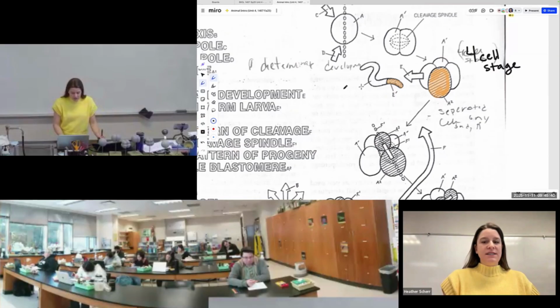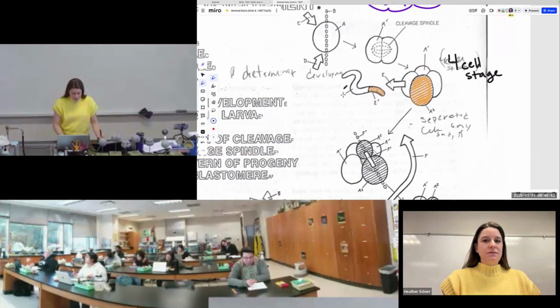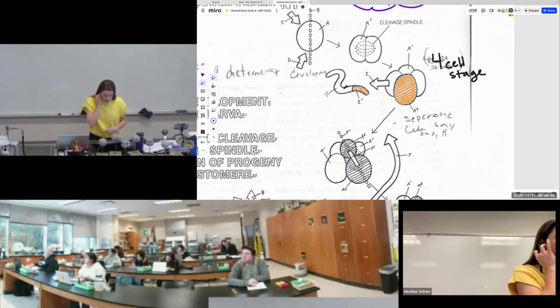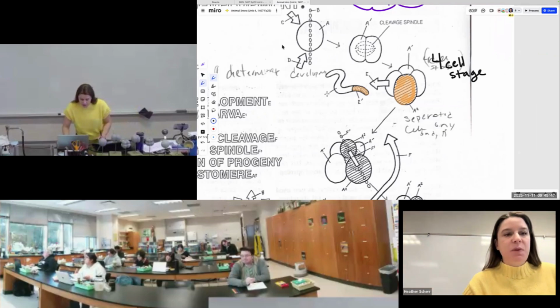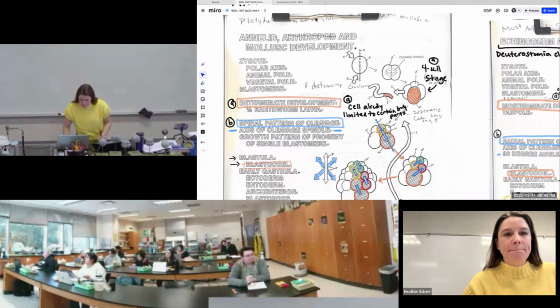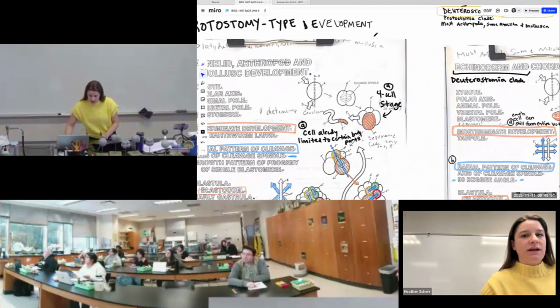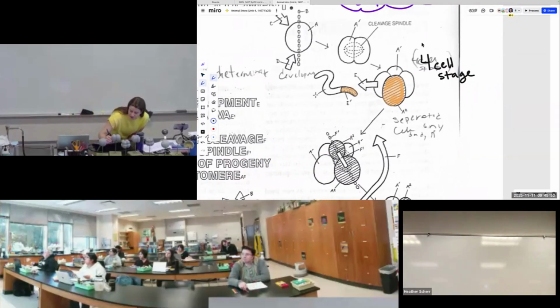It's already limited in its fate. So this is part 1 of the difference in deuterostomy, protostomy. A in the 4-cell stage. B, you can see here, it can only become limited.